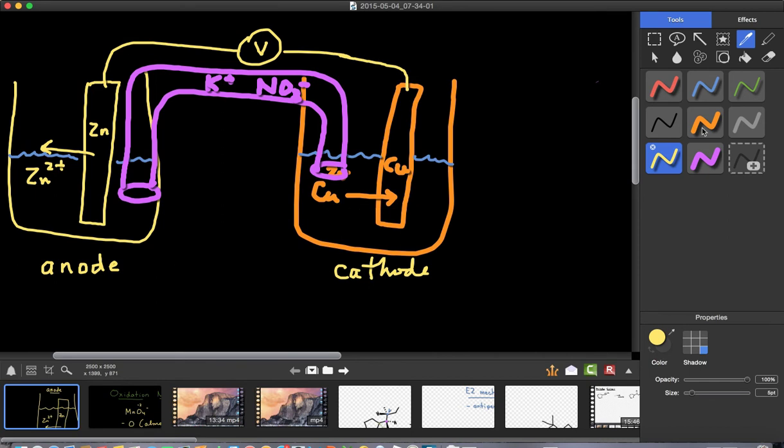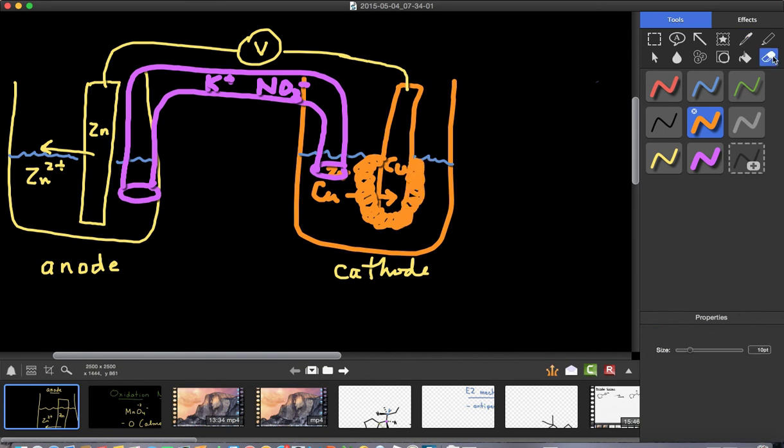So over time, the size of the copper cathode is going to get bigger as more copper 2 plus becomes deposited as copper metal. And the size of the zinc electrode is going to shrivel. And the mass that I lose in zinc is going to be equal to the mass that I gain in copper, of course. Law of conservation of mass.